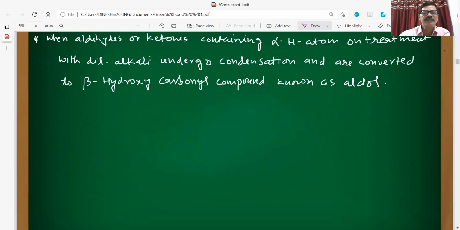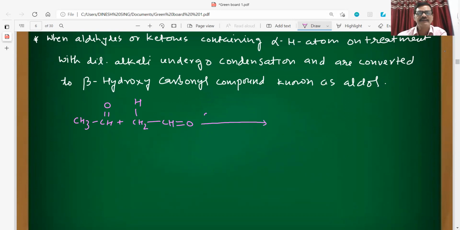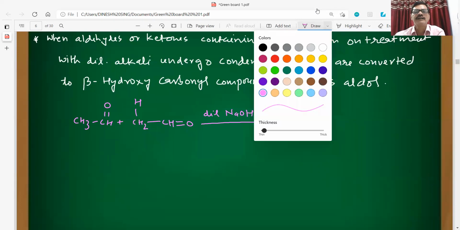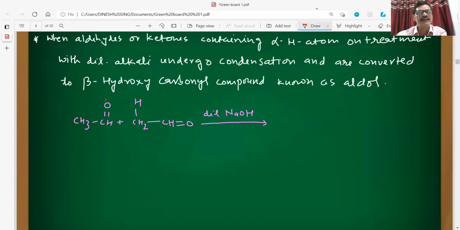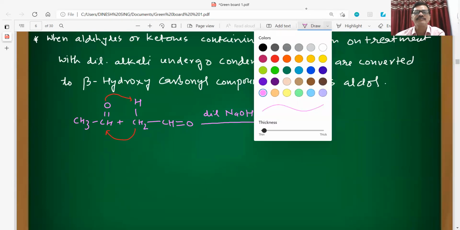Here, suppose we are taking acetaldehyde, CH3CH double bond O, and another molecule of CHO, in presence of dilute alkali, dilute NaOH or KOH. You can directly write the product. This H is coming here, this carbon is joining here, so an intermolecular reaction is taking place.